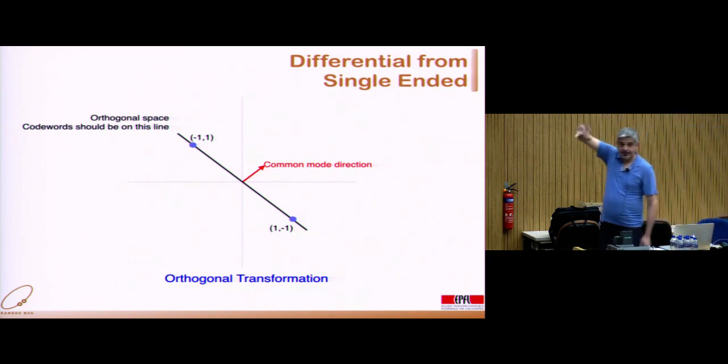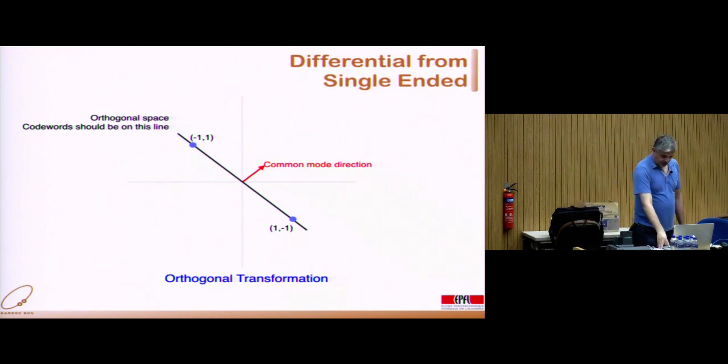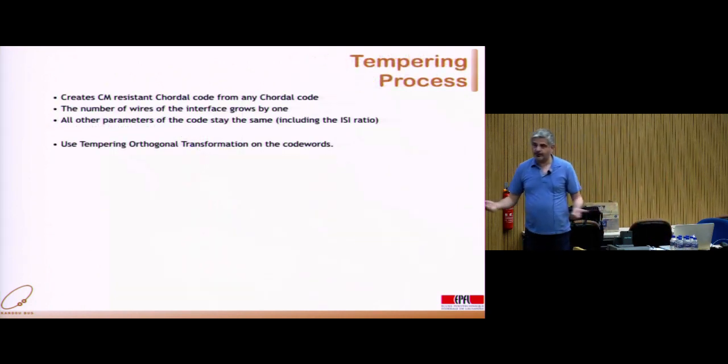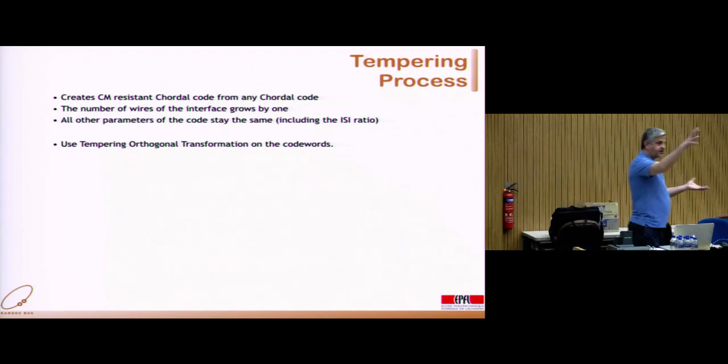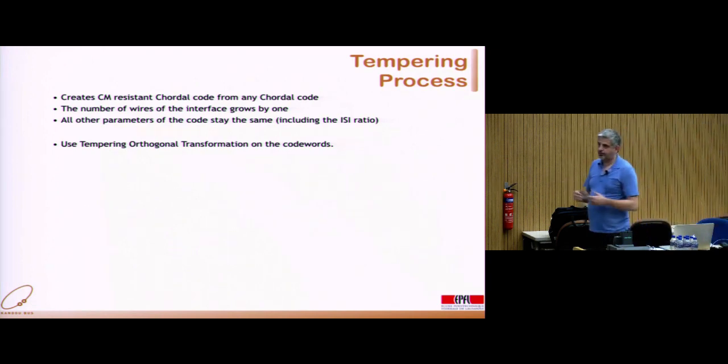This transformation just rotated the constellation. And what we found is that this is a general thing. Whenever you have a signal constellation, points in a plane and hyperplanes, you can transform it using an orthogonal transformation and make it common mode resistant. That's this elegant construction that can take care of everything.